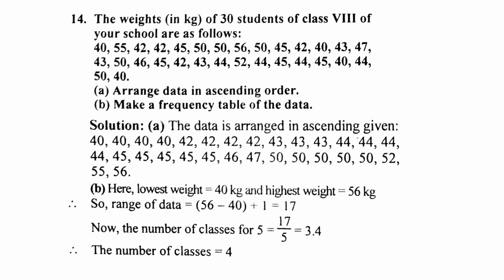Solution of B. Lowest weight 40 kg and highest weight 56 kg. So the range will be maximum minus minimum plus 1, that is 17. Now the number of classes for 5, it will be 17 by 5, that is 3.4. So the number of classes will be 4. If the dividing value is 3.1 or 3.9, the number of classes will be the next number.